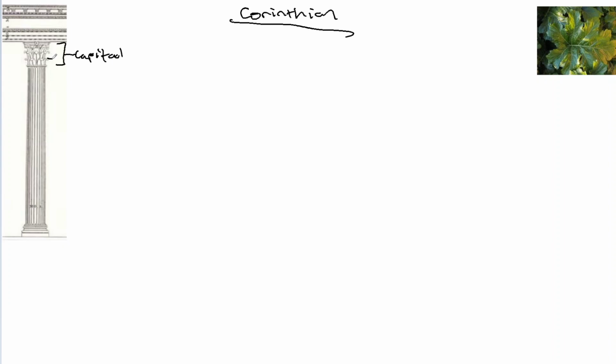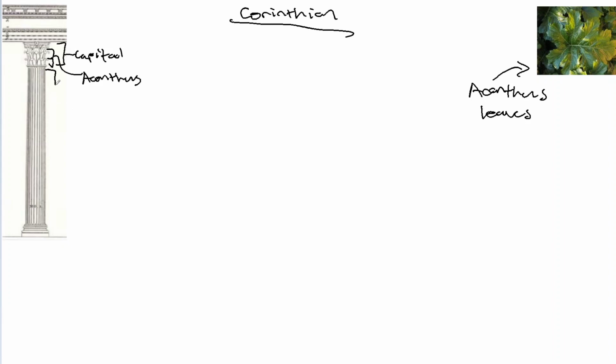You can see that there are these leaves, 2 rows of them. These are called acanthus leaves. I've attached an image of an acanthus here. This is an acanthus leaf. These leaves were located in the region, which is why they are carved into the capital in this case.